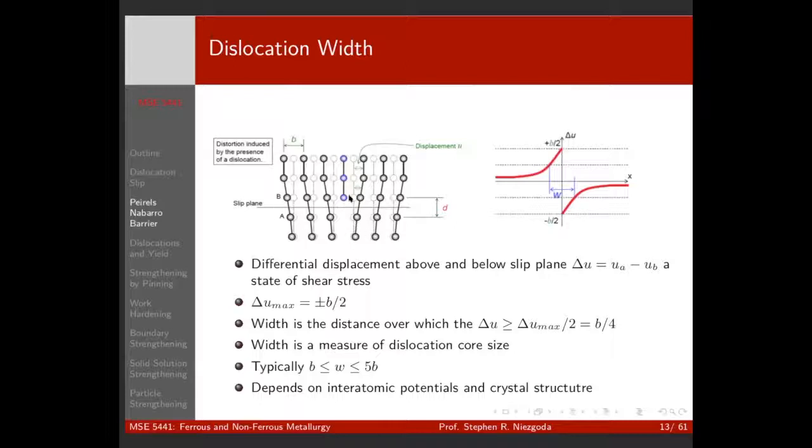But we look at this displacement, and basically, arbitrarily, we say when that displacement falls to 1/4 of the Burgers vector, that's what we call the dislocation core width. It tends to be between 1 and 5 Burgers vectors.